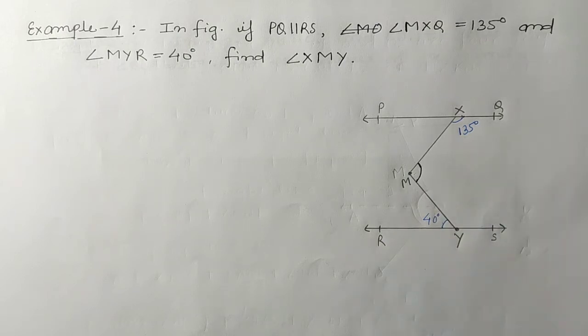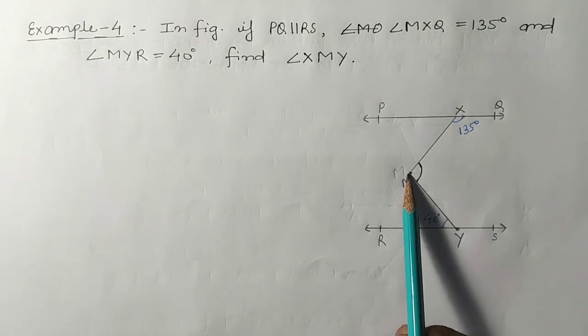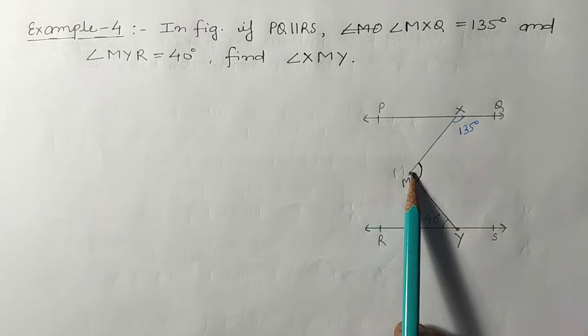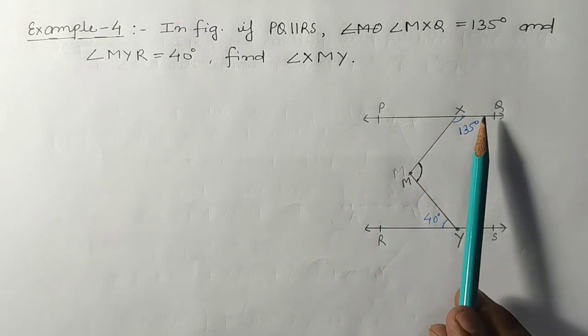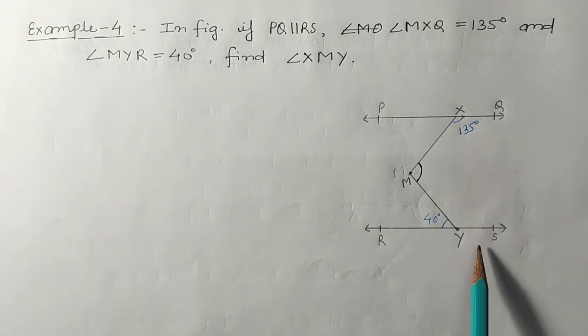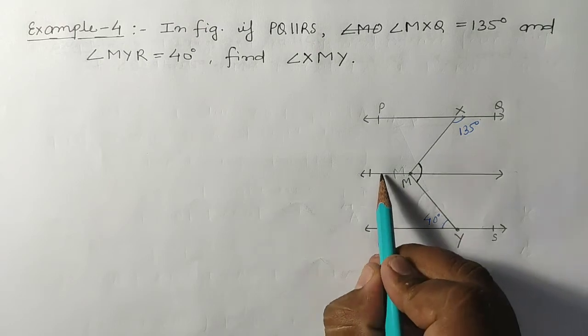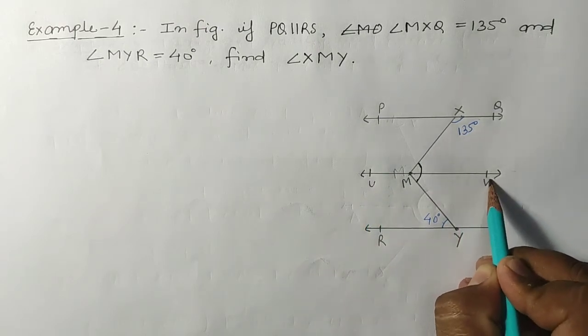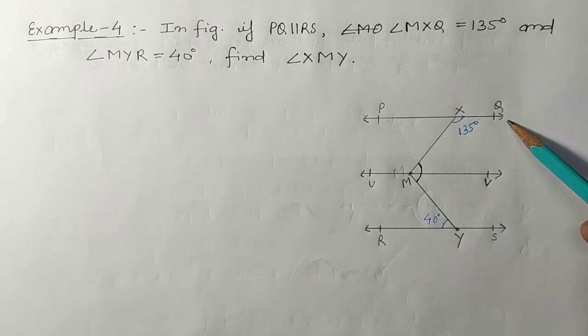So how will we solve it? Students, again we have to do some construction here. What construction will we do? Through point M we are going to draw a line which will be parallel to PQ as well as RS. So through M we have drawn a line UV which is parallel to PQ as well as RS.